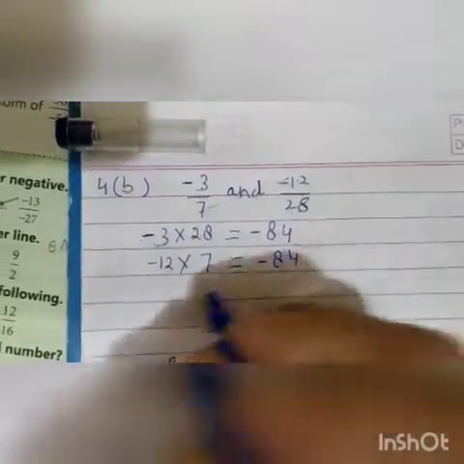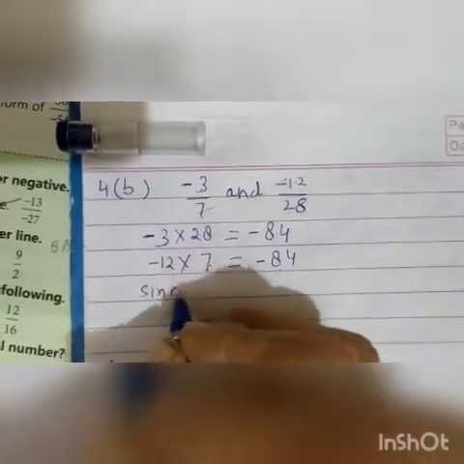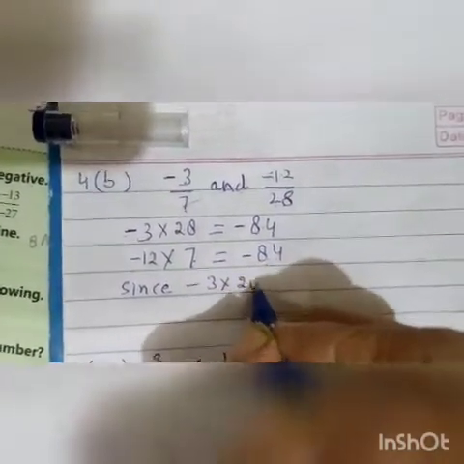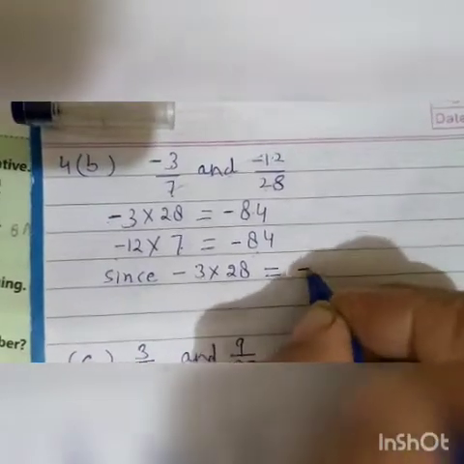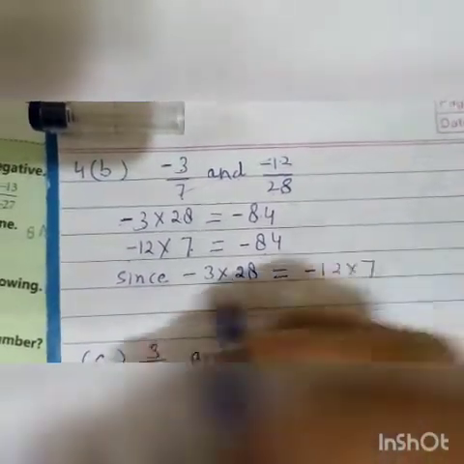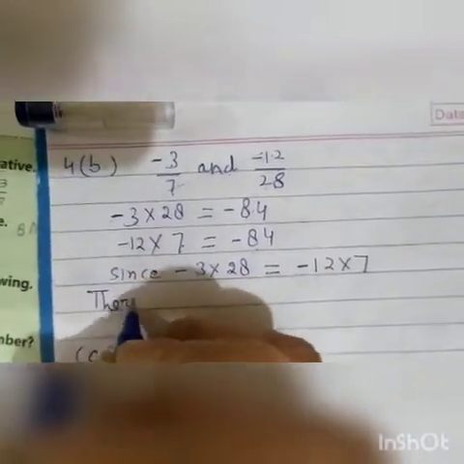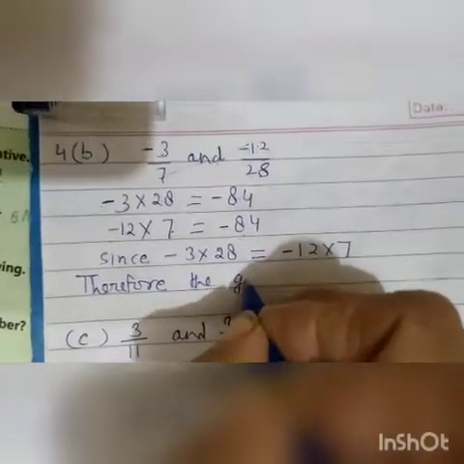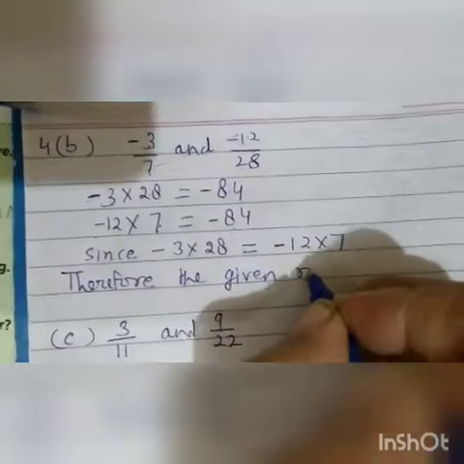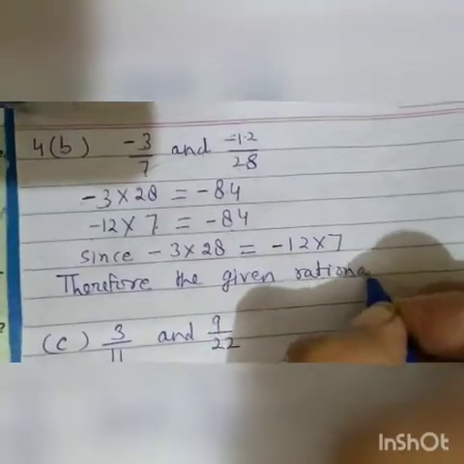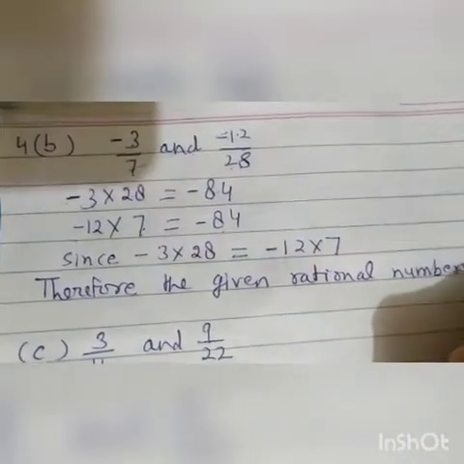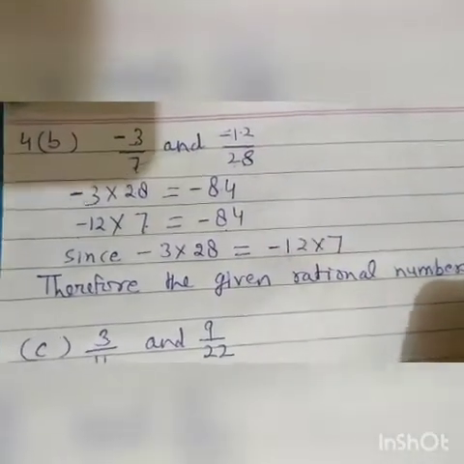Then we will write again, since minus 3 multiply 28 is equal minus 12 multiply 7, therefore the given rational numbers are same.